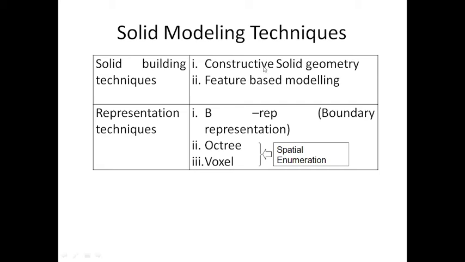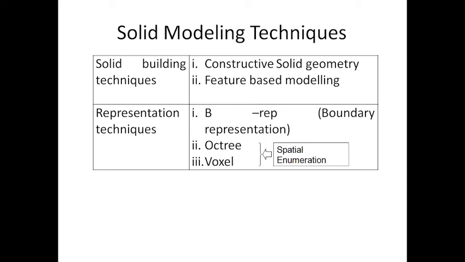The first is constructive solid geometry, which, if you have used AutoCAD, provides you a toolbar where you have models like cuboid, sphere, and other primitives. You can use all these primitives to construct your solid.